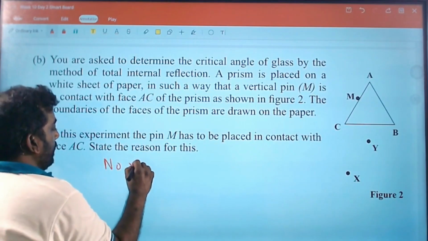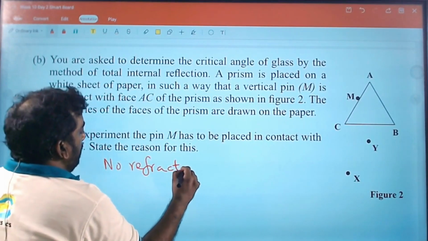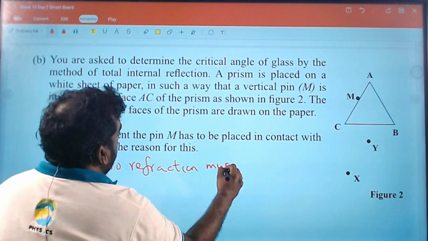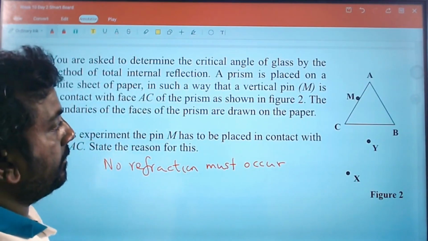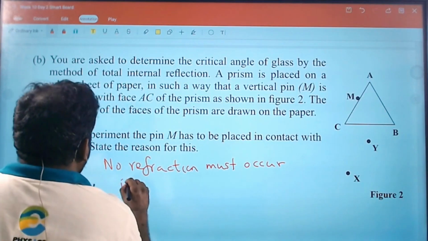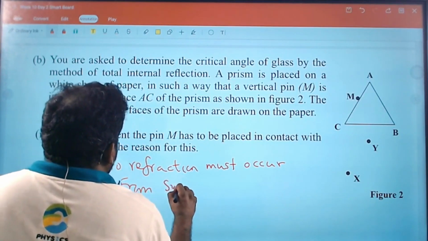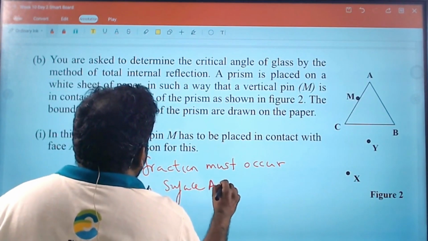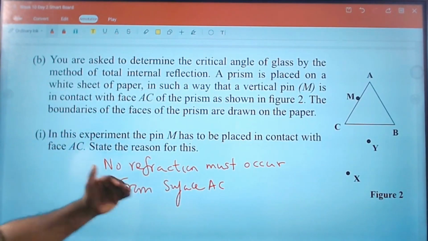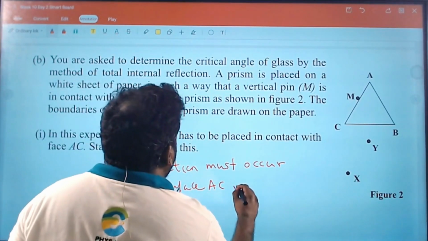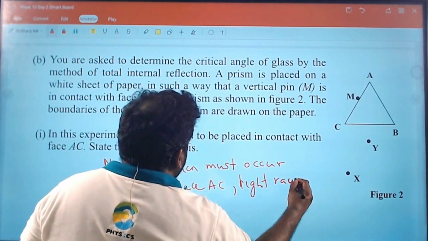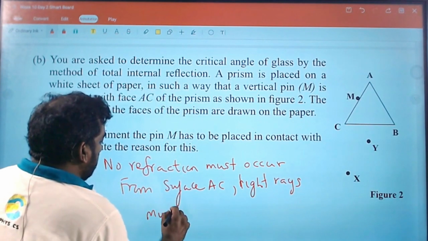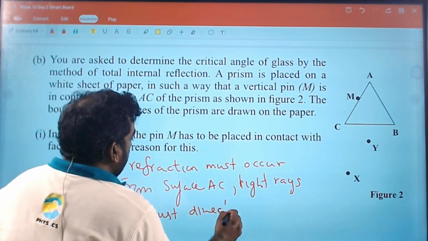No refraction must occur from surface AC. Light rays must directly travel in.